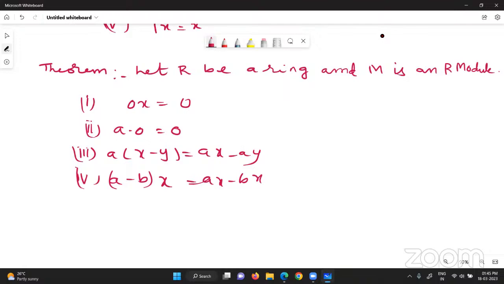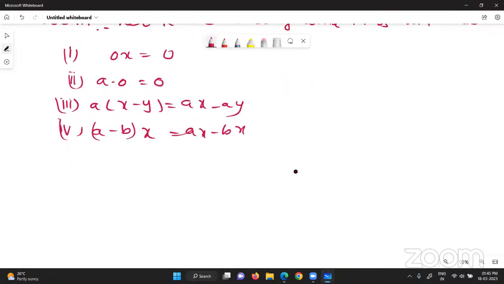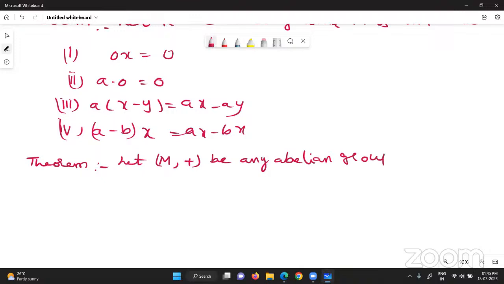All these are the basic properties. And the next theorem is: let (M, +) be any abelian group and Z be the ring of integers.